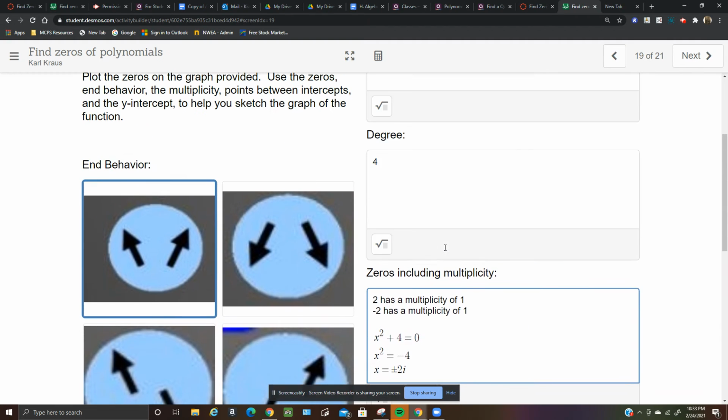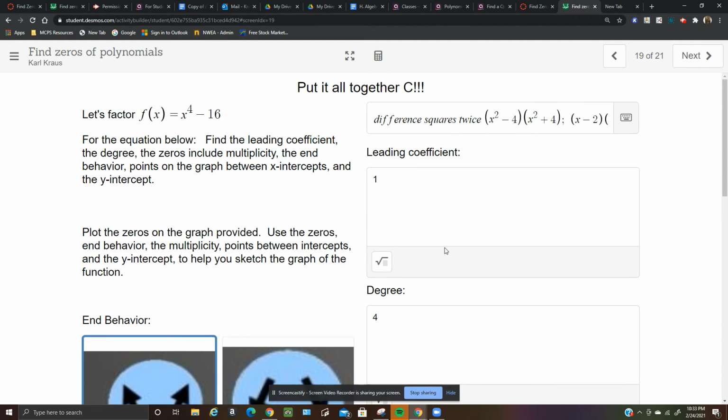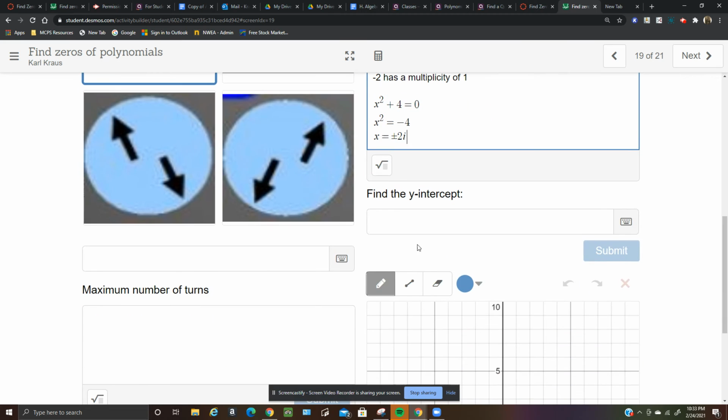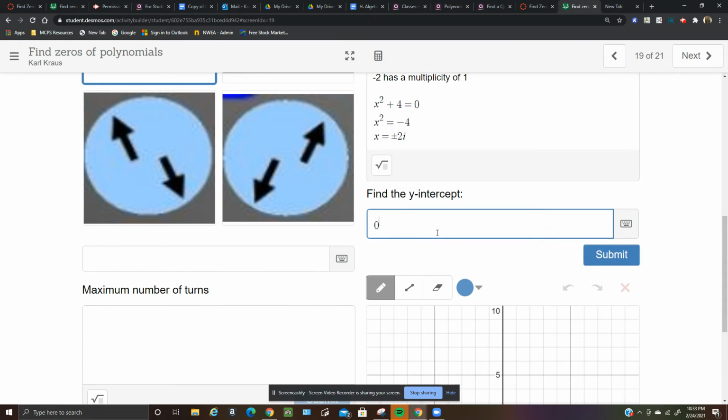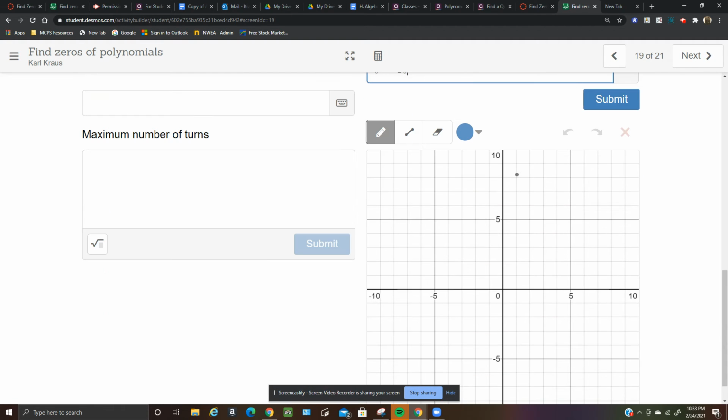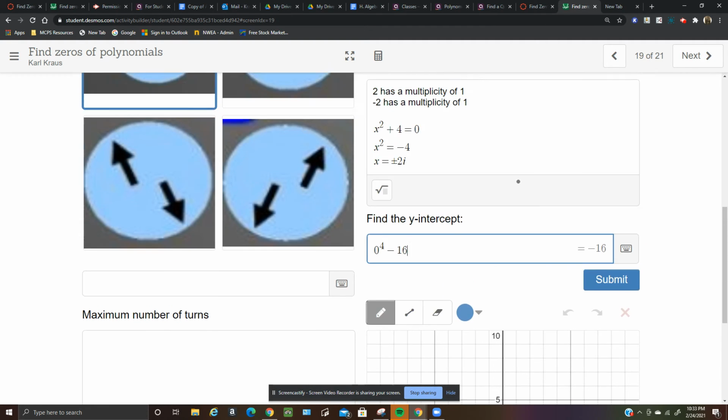And then the y-intercept, plug a 0 in. I'm just going to plug it into the original: 0 to the 4th minus 16 is negative 16. It's off the grid space.